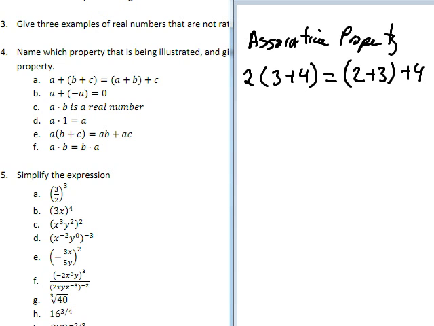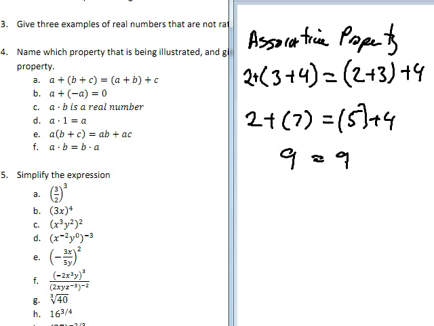Now what you need to do is work this out as we move down the page. That's going to be 2 plus 7, equal to 5 plus 4. 2 plus 7 is going to be 9, is equal to 9.